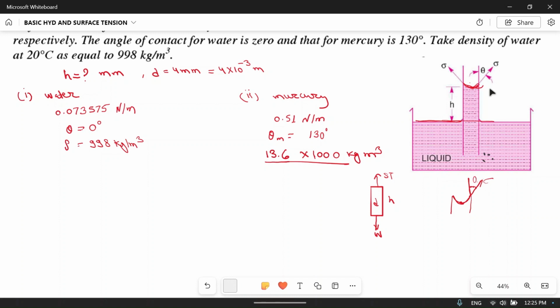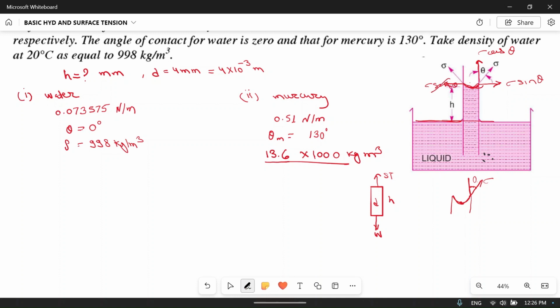So you can see we can break this sigma, surface tension, in two directions. One is the x direction and one is the y direction. So in the x direction it will be sigma sine theta, and this will be sigma cos theta. So you can see here also it will be sigma sine theta.